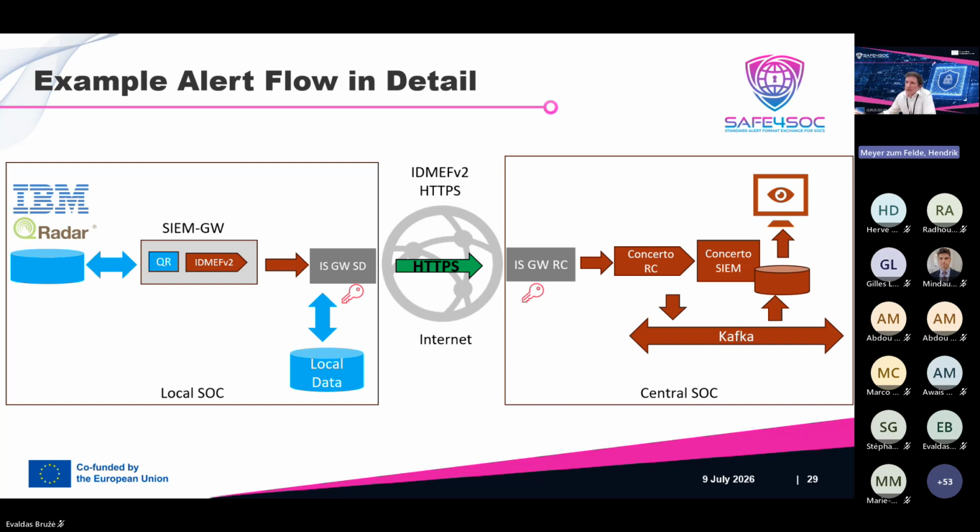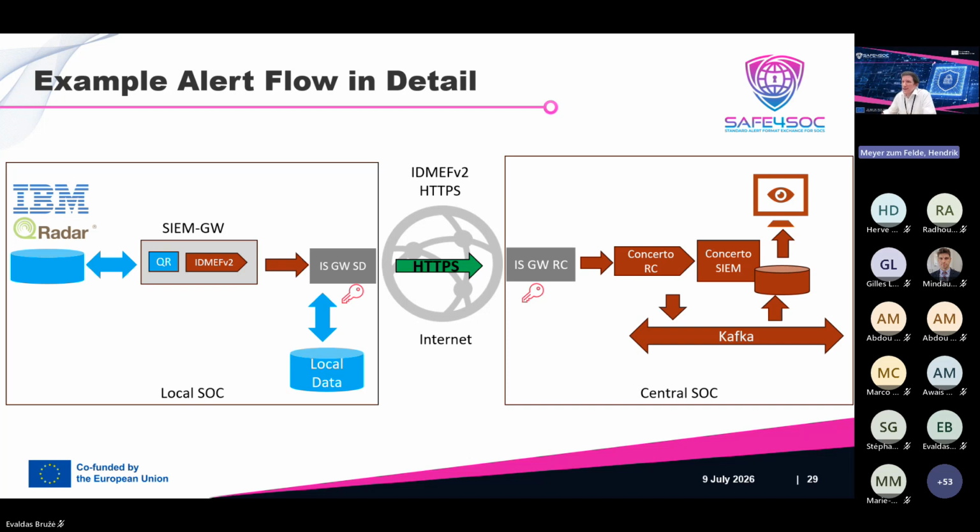Here we have the information sharing gateway acting as a receiver, and it forwards this standardized alert to the Concerto receiver and afterwards to a Concerto SIEM. And here all the magic happens, all the CTI generation is going on. My colleagues will show more about that in the next slides after me. But right now, I just want to focus on the two components here, the gateways.